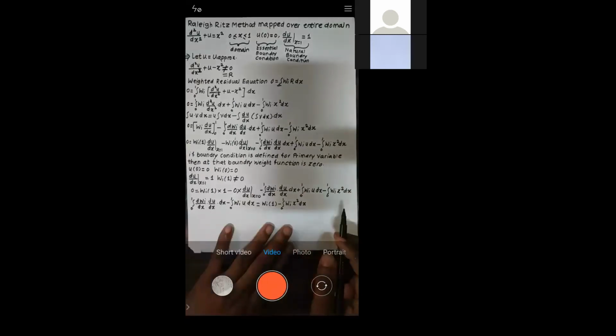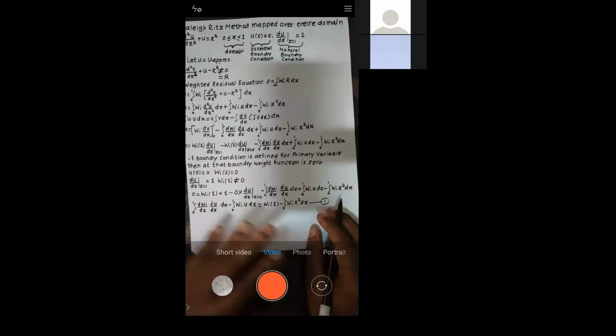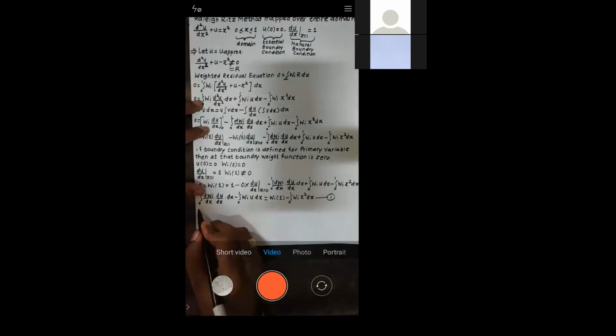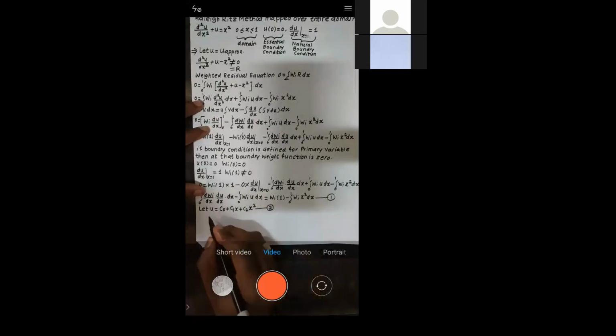Okay. So now for this particular equation, I will write down the approximate solution. Let u is equal to c0 plus c1x plus c2x square. Let me call this equation 2, be an approximate solution.